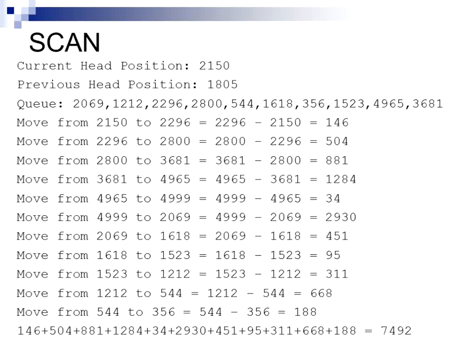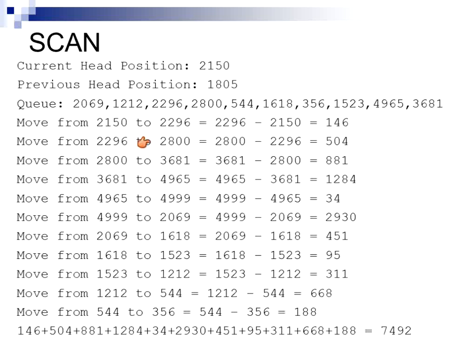So this is where it becomes important what direction the head was already moving. In this case, the previous head position was 1805, and it's moving toward 2150, so we're moving from a lower numbered track to a higher numbered track. So we're starting at 2150, so the next track we want to move to is the next highest number, which is 2296.